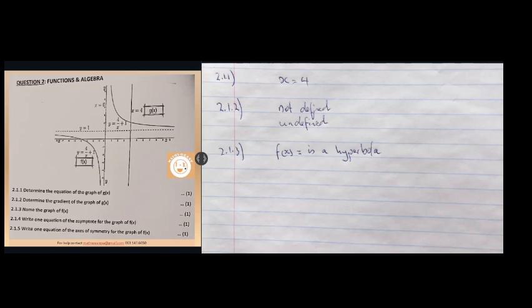Then 2.1.4, what do they say? They say write one equation of the asymptote of the graph of f of x. Right. There is the word I was talking about. So this graph doesn't touch where? It doesn't touch here. And then what is this?